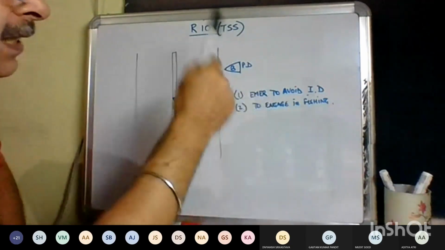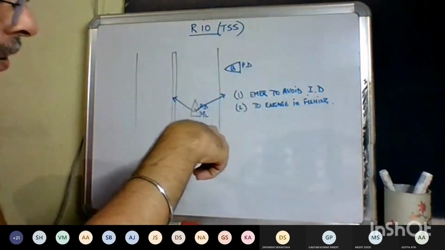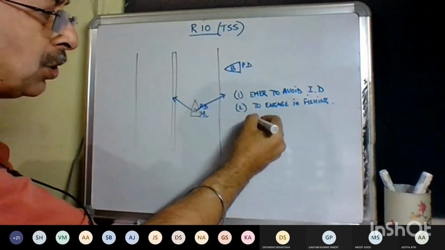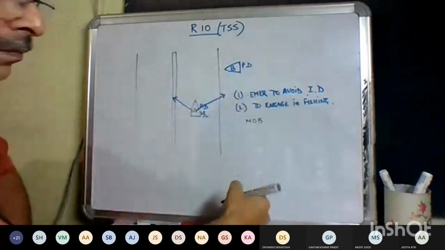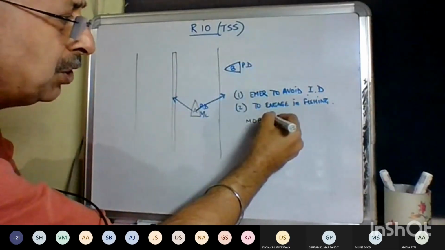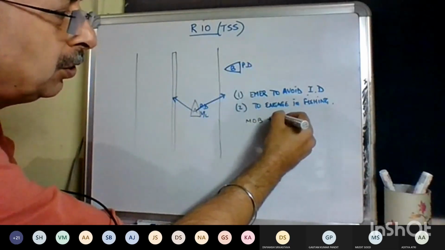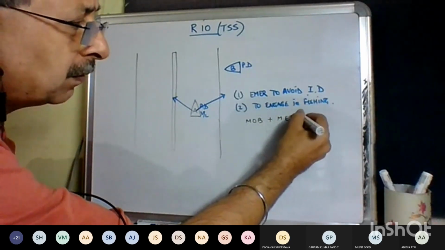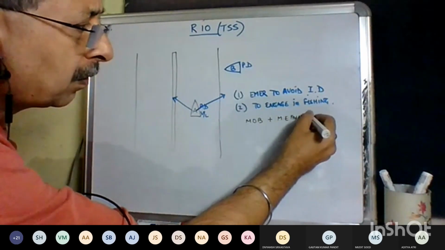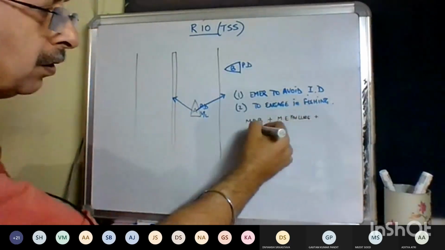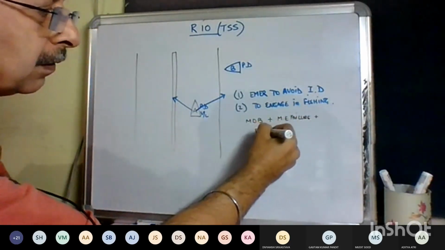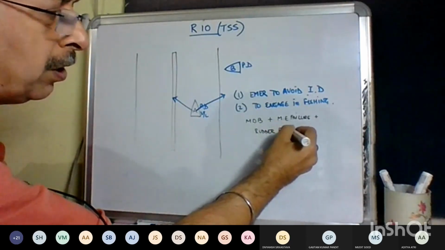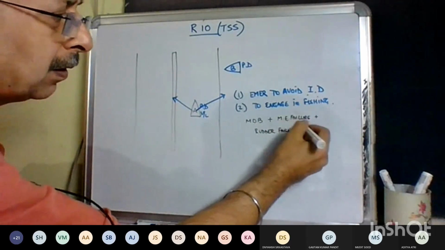So when exactly is immediate danger? That's the next question. So immediate danger will be when you have some situation such as man overboard. This is immediate danger. Or you have main engine failure. Now you are in immediate danger. Or rudder failure. Or any other problem.